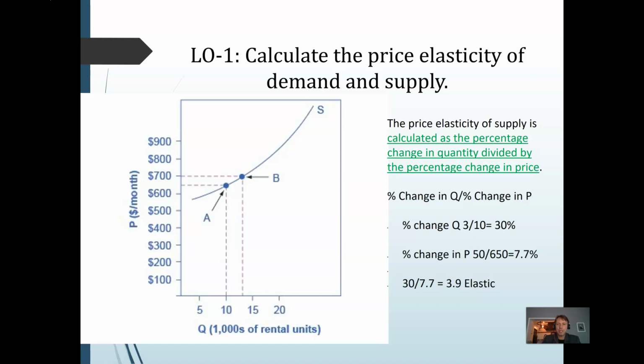The price elasticity then is calculated by the percentage change in quantity divided by the percentage change in price, which is what we just showed. And this is another example where we went from 10 to 13, a difference of 3, but starting at 10, that's the change in quantity.